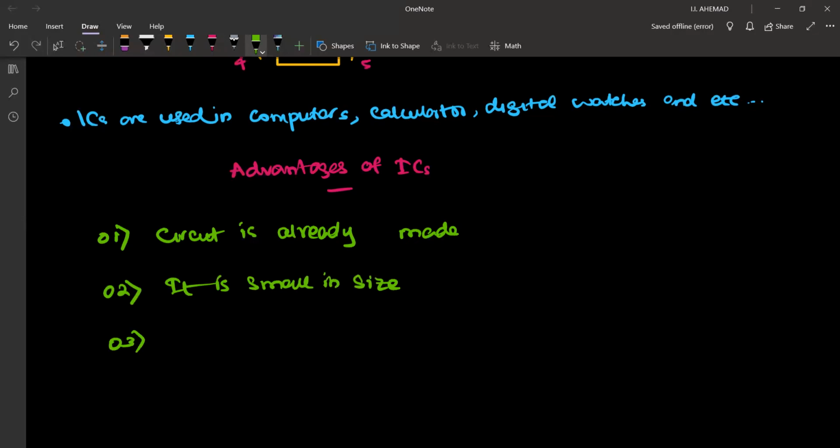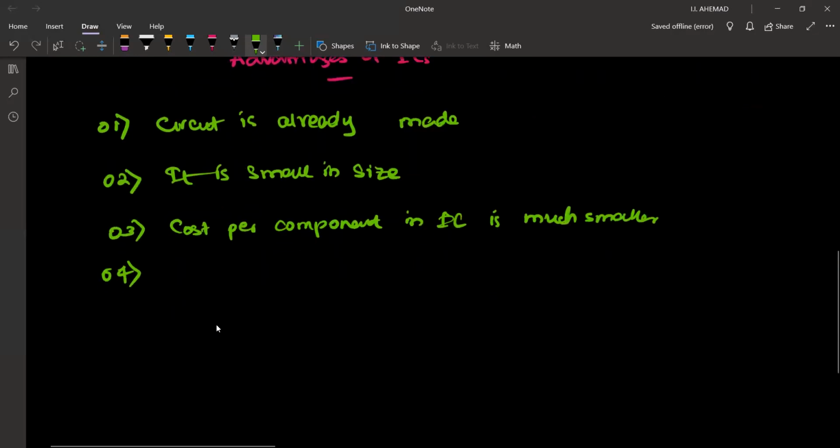Third, to make ICs is very cost effective. It only needs a very small amount of capital. So cost per component in IC is much smaller. Fourth, the circuit is very much reliable.